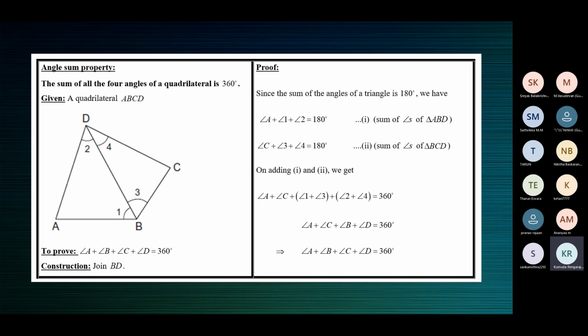Also, in an isosceles trapezium, the diagonals will be equal. When we prove some results from the exercise, you will learn many other properties of these quadrilaterals.